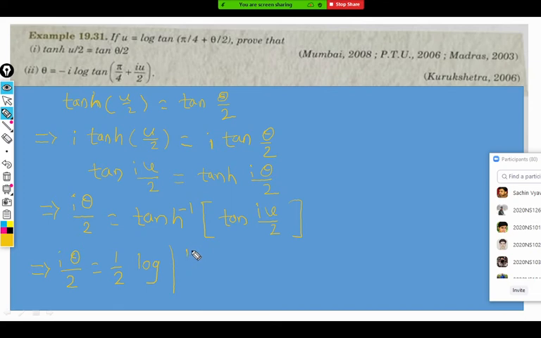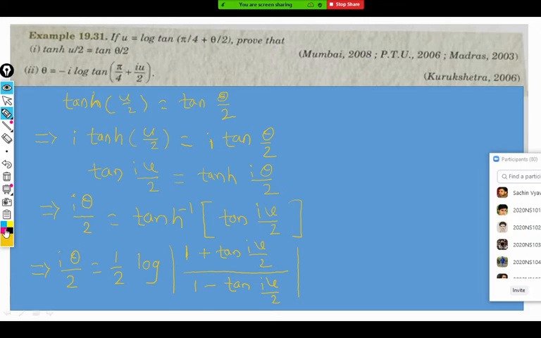How is this log coming, sir? By definition of the tanh inverse x formula. See the formula for tanh inverse x: one plus tan of iθ by two divided by one minus tan of iθ by two. This is by definition of tanh inverse x, the inverse hyperbolic formula.